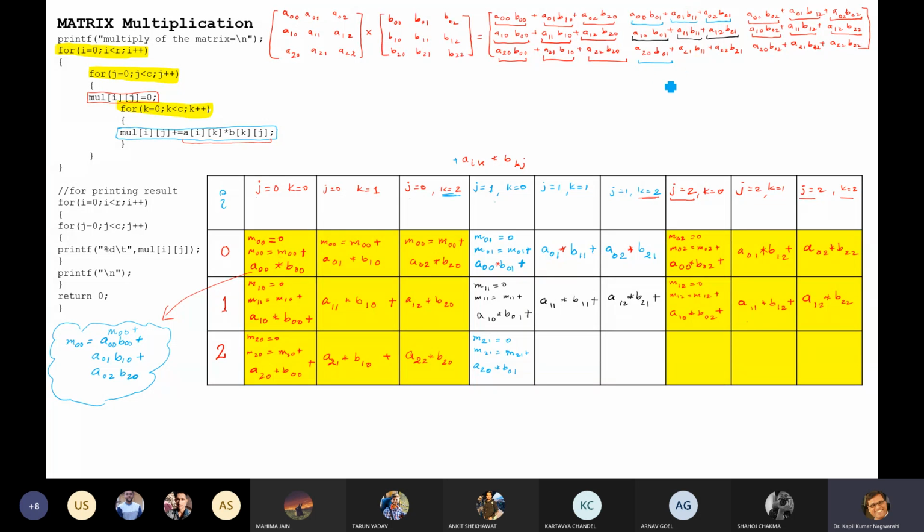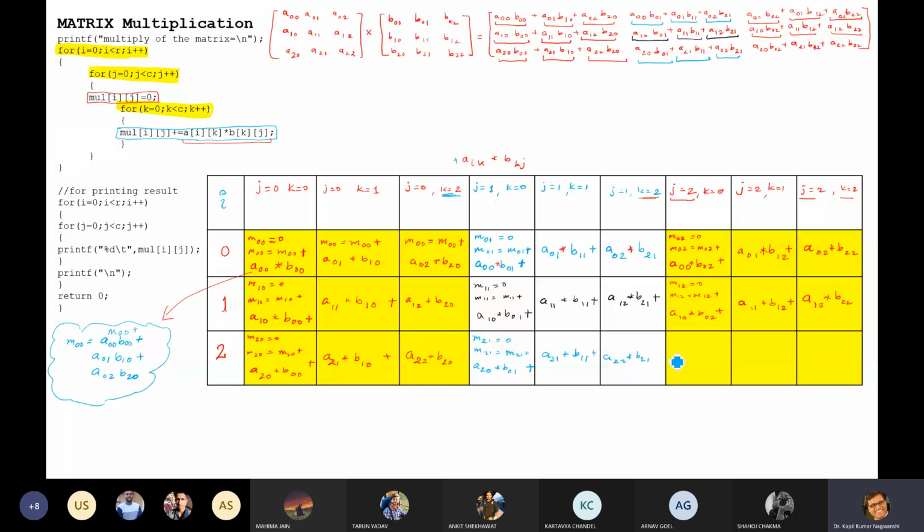So this term we have written, plus a, i is 2, k is 1, multiplied by b, k is 1, j is also 1, plus. So this term we have completed. Then a, i is 2, k is 2, multiplied by b, k is 2, j is 1. So this term we have calculated.